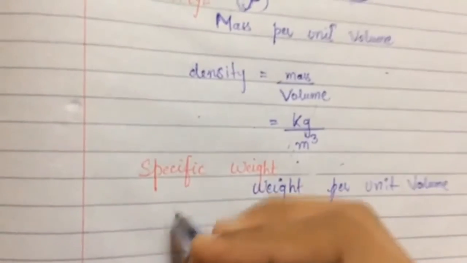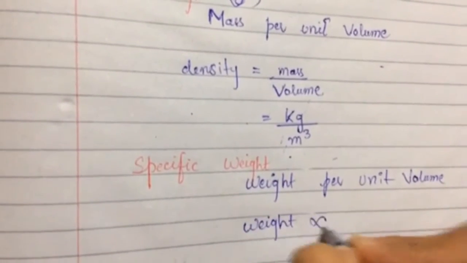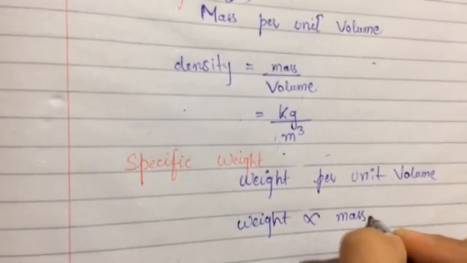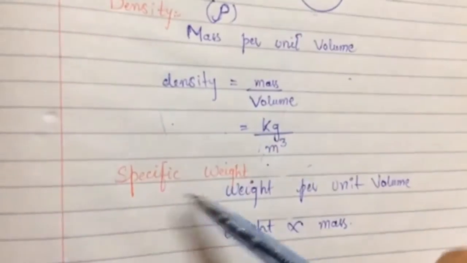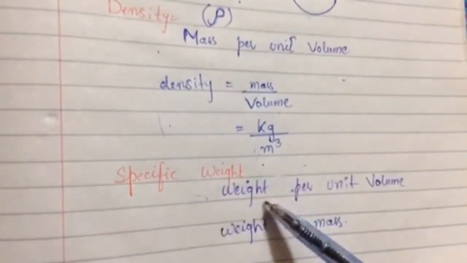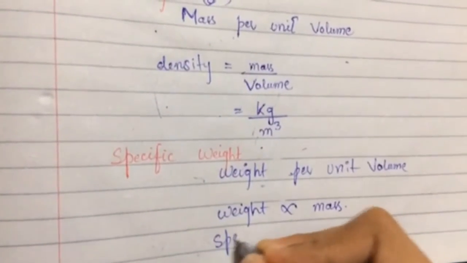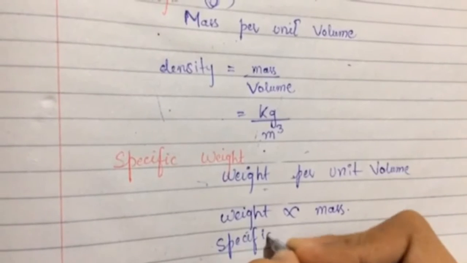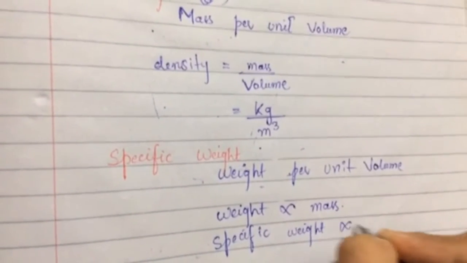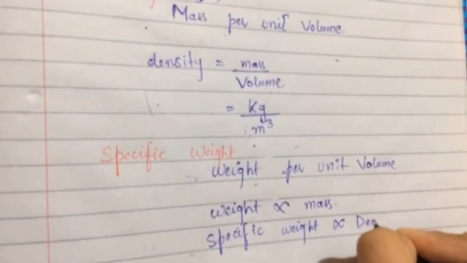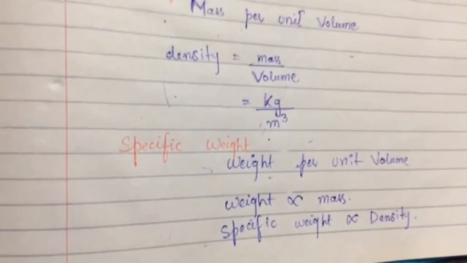As we have discussed in detail in the previous lecture, weight is directly proportional to mass. So specific weight is also directly proportional to density, because in this we consider the weight, whereas in density we consider the mass.